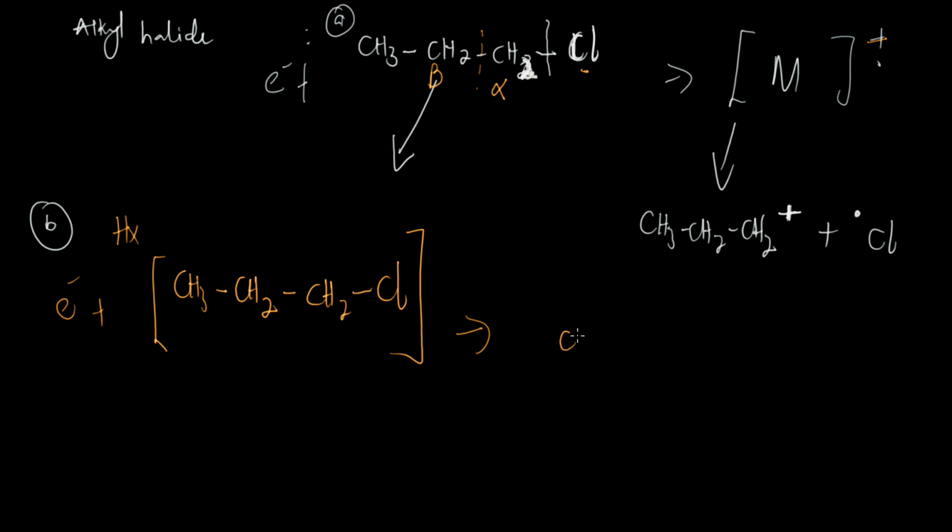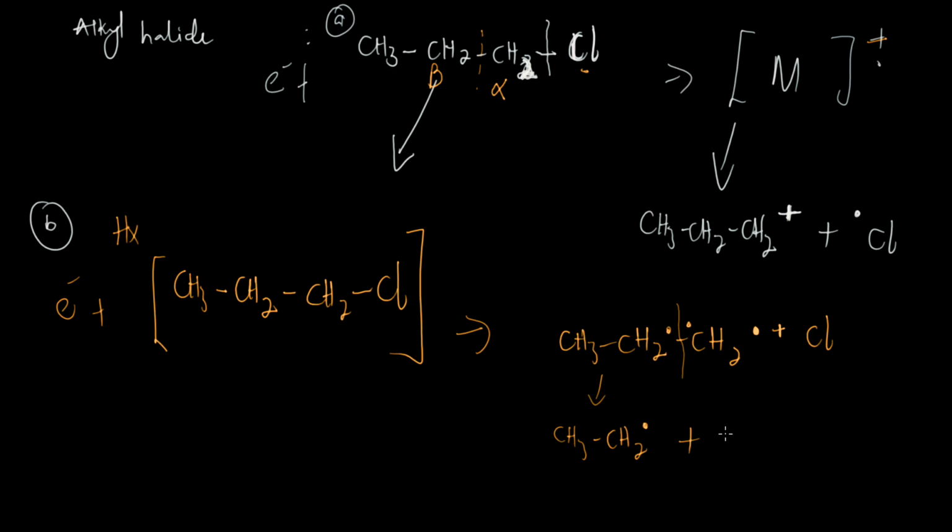So you can write it this way: CH3, CH2, CH2, and then Cl with a dot and plus. Now when you break this bond here, this one becomes CH3, CH2 radical, and this one will not be detected, plus we're going to have the other one right here.